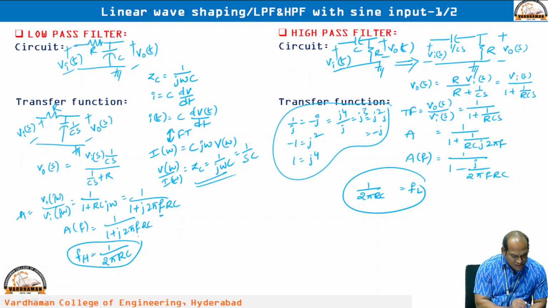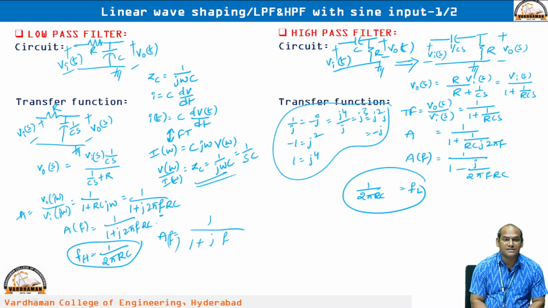If you substitute this particular FH value in this A equation, A of f is equal to 1 by 1 plus j f times 2 pi RC. Actually FH is equal to 1 by 2 pi RC, since we have 2 pi RC I need to write 1 by FH.